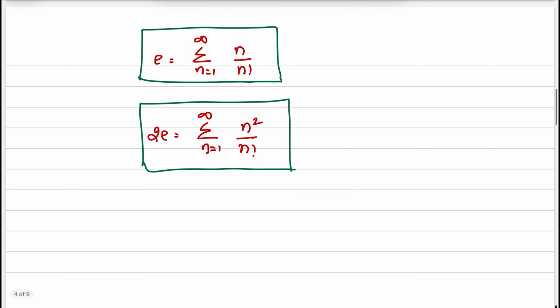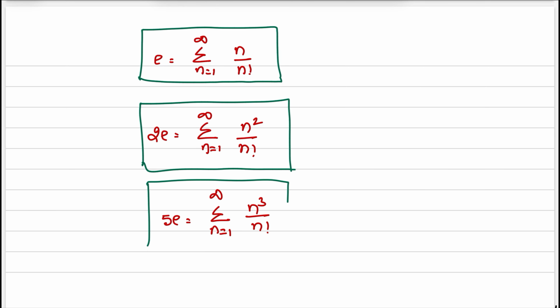Now the third one, 5E is equal to sigma n equals 1 to infinity n cube by factorial n. These are the three formulae which we will be using. Standard series formulae.